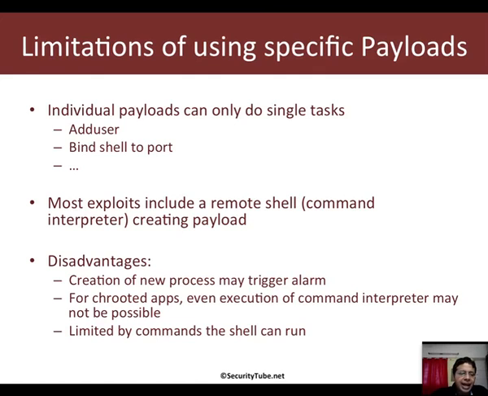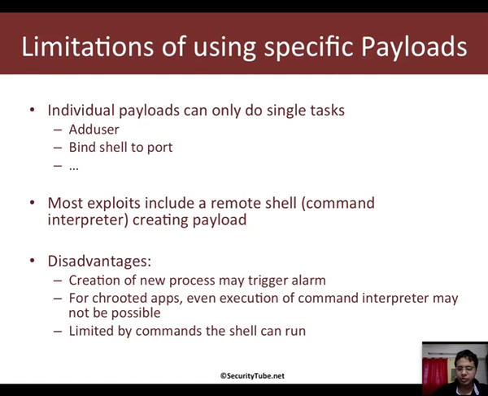Now, at the very same time, what we want to do is ensure that whatever we run on the remote system does not trigger any alarms of any kind, right? Which is, the AV should not complain, there should be no file written to disk. Whatever we do should just happen in memory.